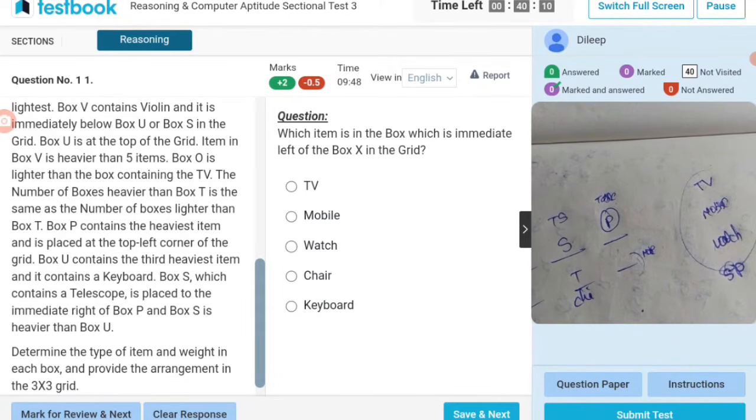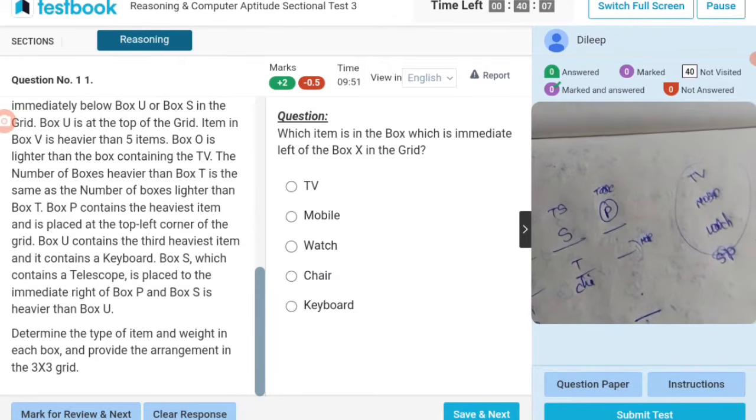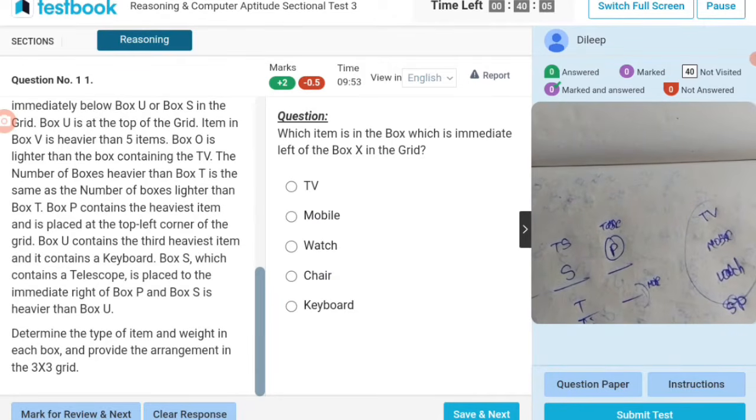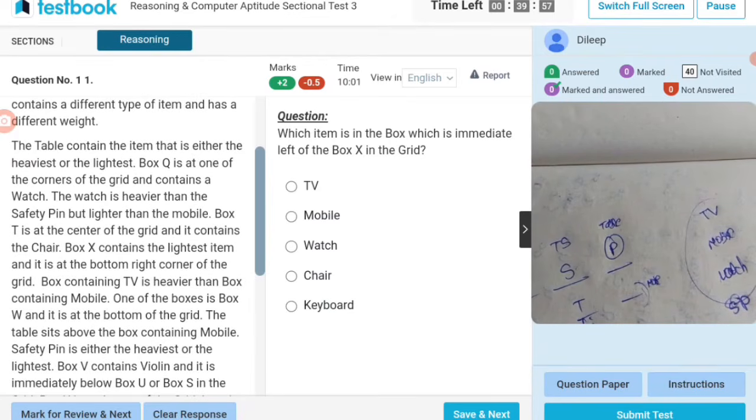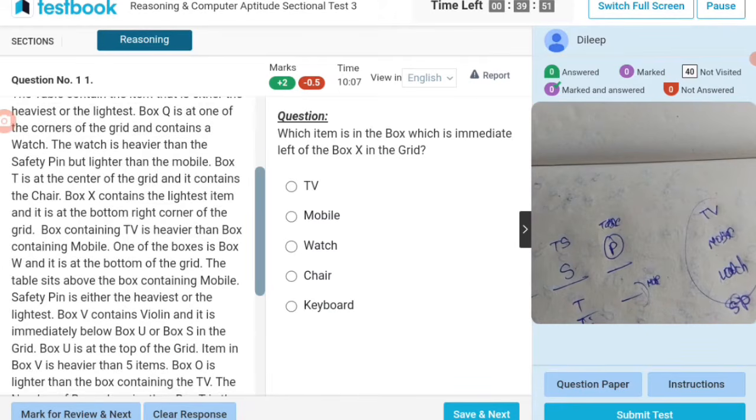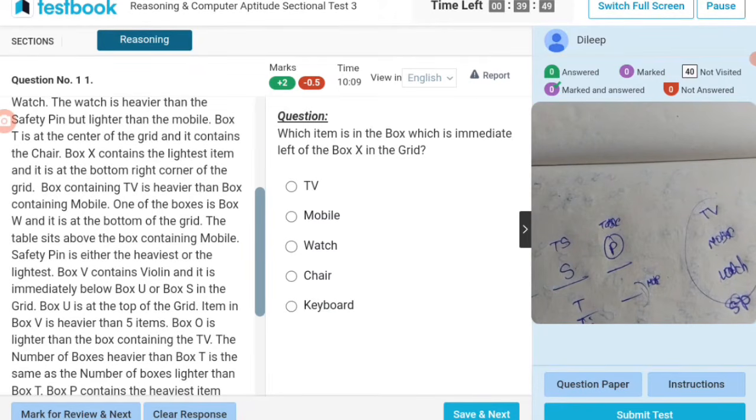S is heavier than U. Next, so TV, mobile, watch. So T is the chair, violin, TV, mobile and watch.